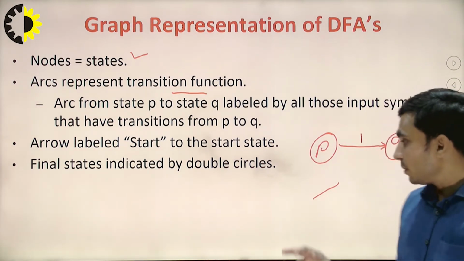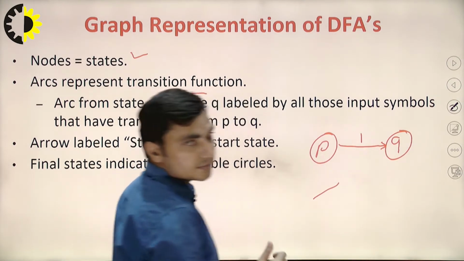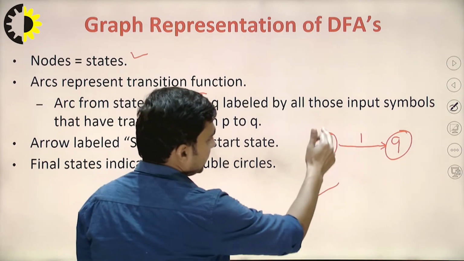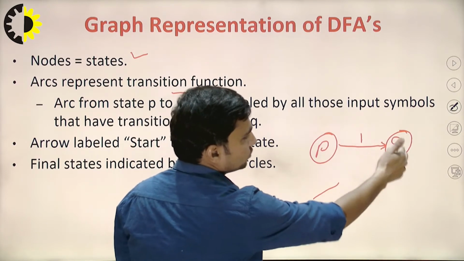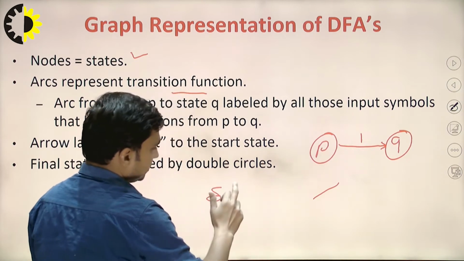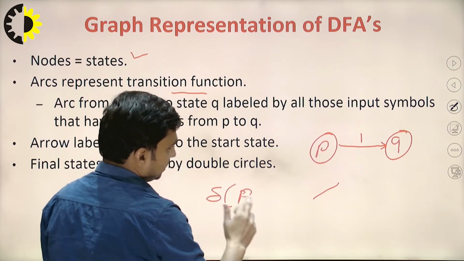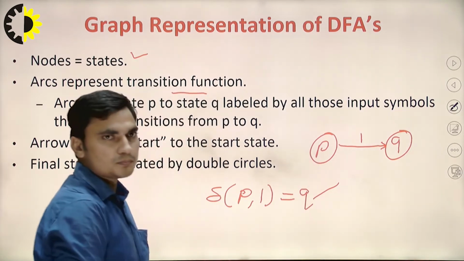So by this representation, at P we are reading input 1, and after that we change to state Q. We can represent this statement as delta(P, 1) = Q.